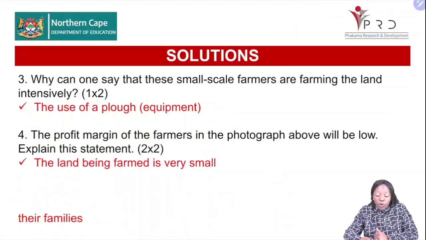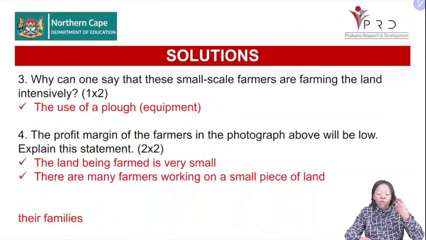Then we're looking at the profit margins of the families of the farmers in the photograph will be low. Explain why. It will be low because the land that is being farmed is very small. So if the land is very small, the profit will also be small.